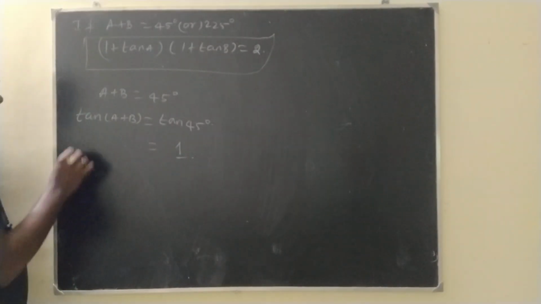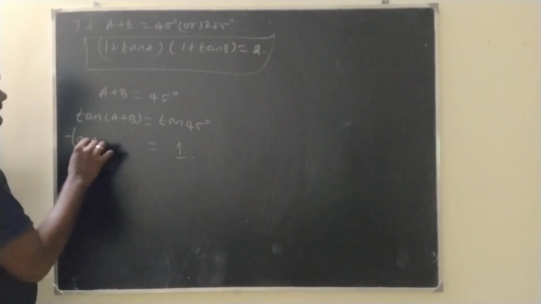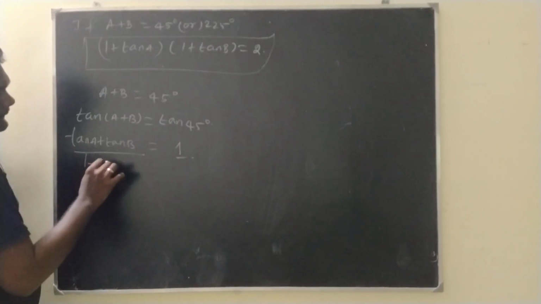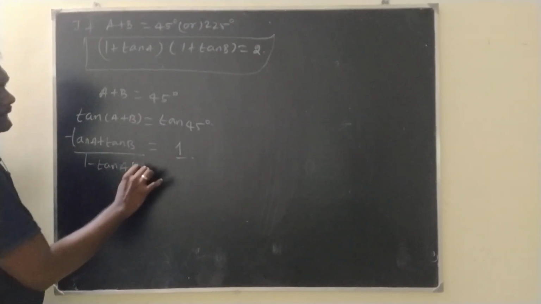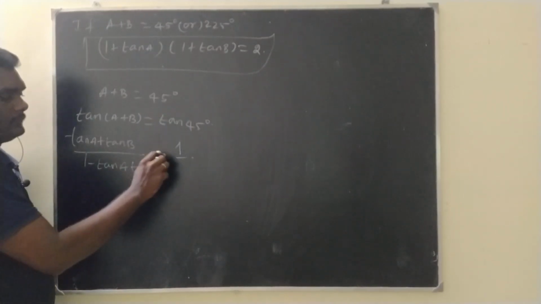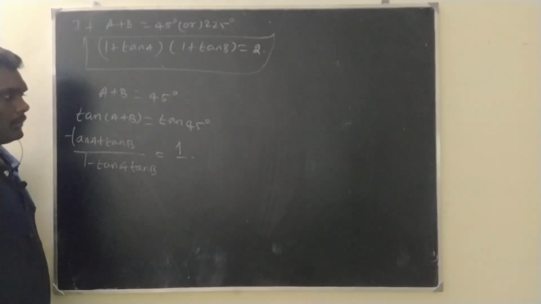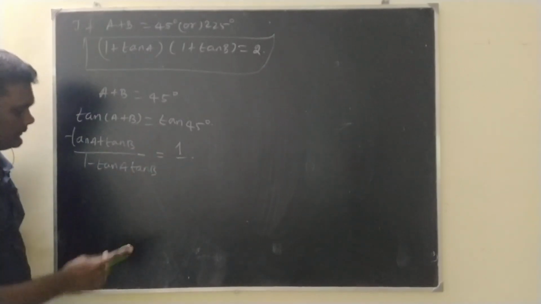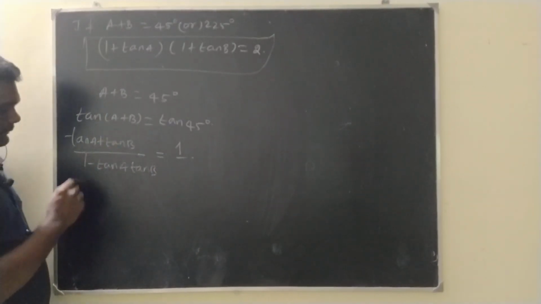Here the tan (A plus B) formula: tan A plus tan B divided by 1 minus tan A tan B. Okay, because this division and equality should always balance. So now cross multiply and simplify.